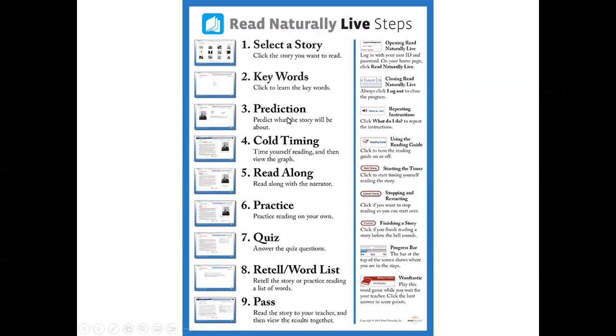They can type a quick prediction about what the story is going to be about. There's a cold timing. Ideally, you will be with the students for the cold timing to get an accurate words correct per minute score. They can do this step independently if you need them to, but in an ideal world, you'll be able to be with them so that you have that accurate score. It's then graphed for the students so they see where they're at.